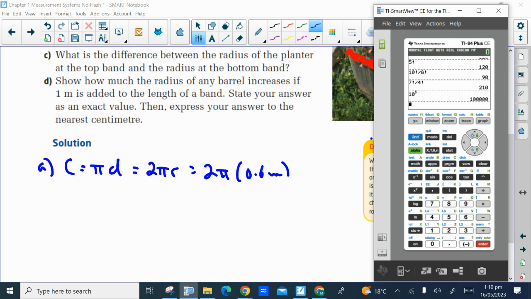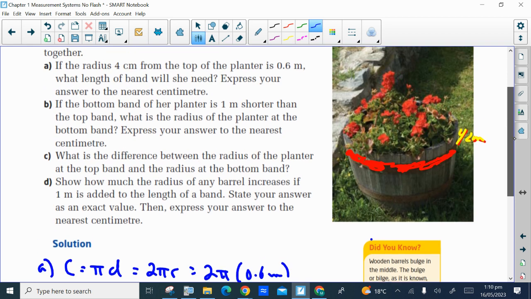And we always want to keep numbers in our calculator and only round off our final answer. Now in this case, your final answer will be the one we get here. So 2 pi, when I just go 2 pi, it means 2 times pi times 0.6. There's the answer, 3.7699. Now what does it tell us to round to?